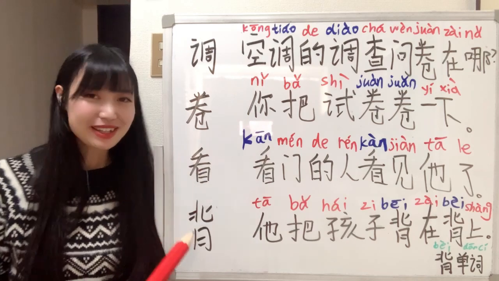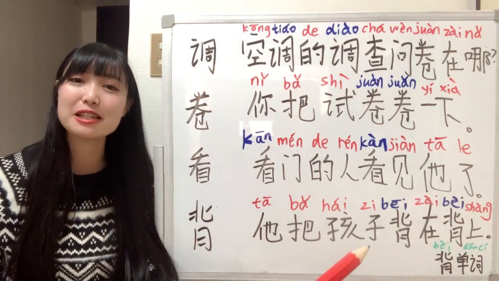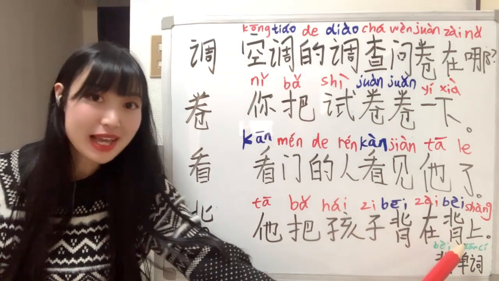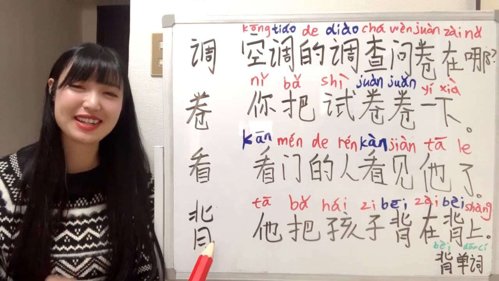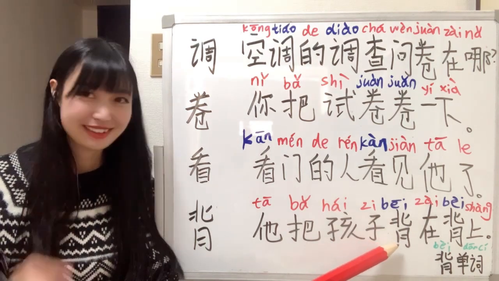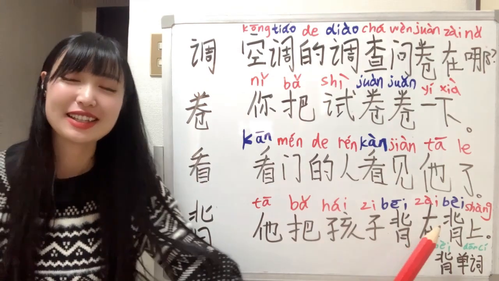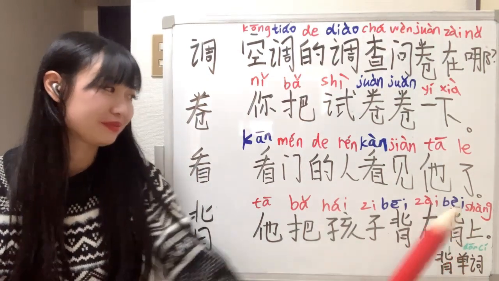Okay, next one. 他把孩子背在背上. This character has two pronunciations too. One is 背, first tone. Second is 背, the fourth tone.